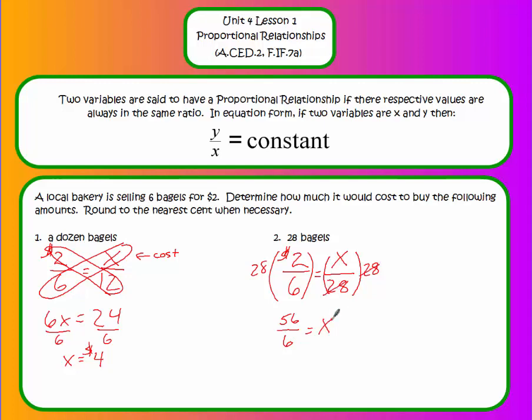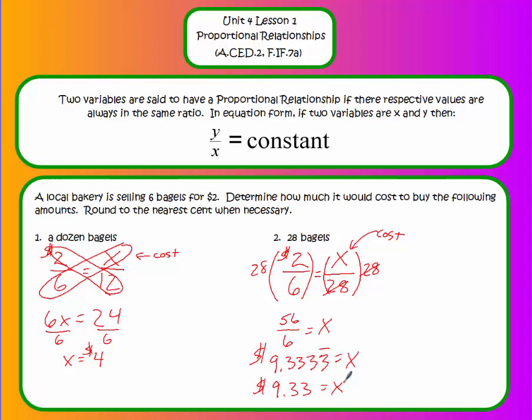And 56 divided by 6 is 9.3333, and keep going with those 3's. Remember, what we are looking for here, again, was cost. So this is dollars. So let's make sure this number makes sense in terms of dollars. We have to round it. And so $9.33 is the cost of 28 bagels.